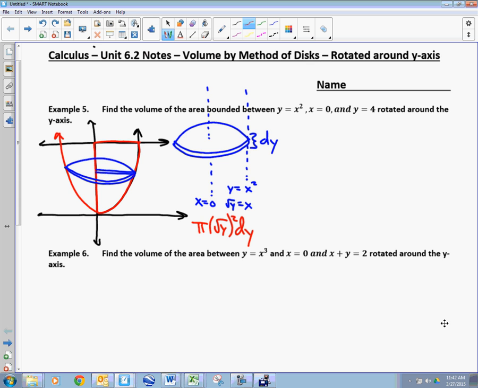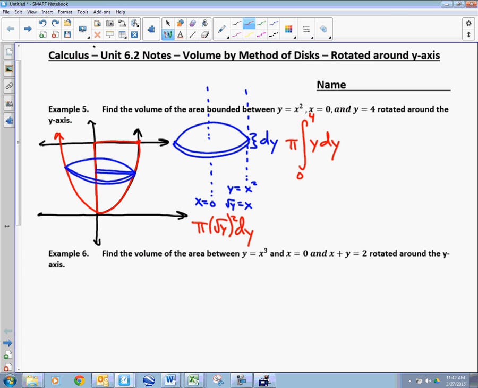So therefore, I don't just want one disk, I want an infinite number. So pi times y dy. And instead of looking for x values as your bounds, I'm looking for y values. So the first y value would be down here, which is 0. And I go up to a y value of 4.